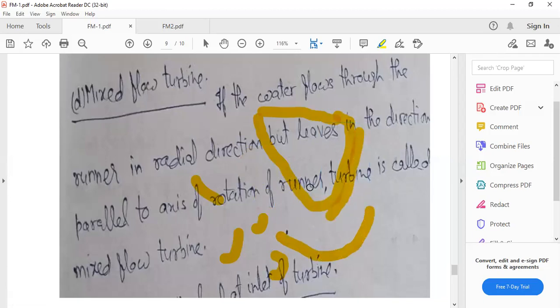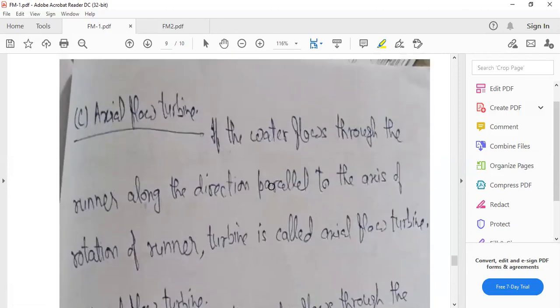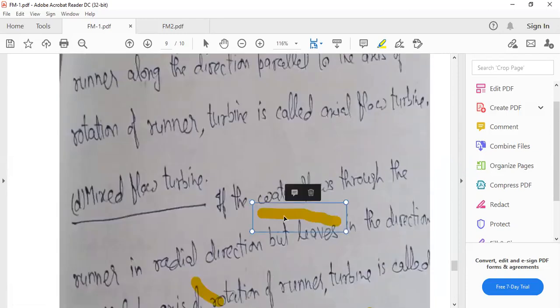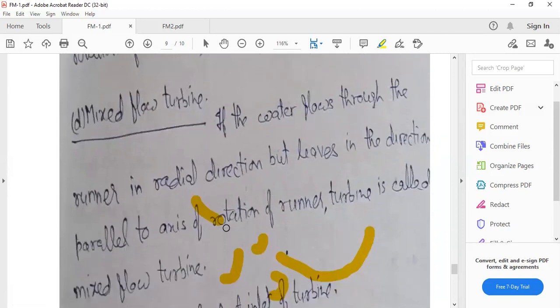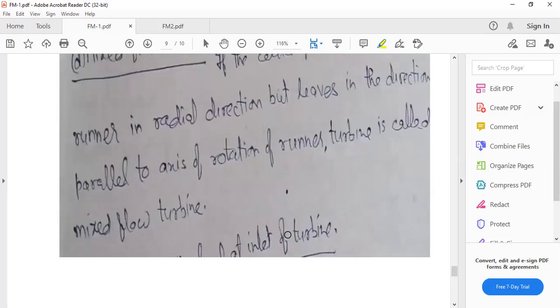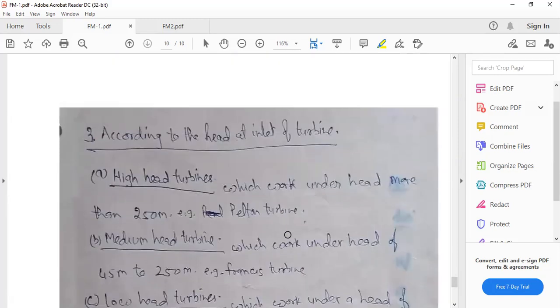So that type of turbine is known as axial flow reaction turbine. And at last we have the mixed flow reaction turbine. If water enters radially but leaves axially, then that turbine is known as mixed flow reaction turbine or mixed flow turbine. So these are on the basis of direction of the flow of water.